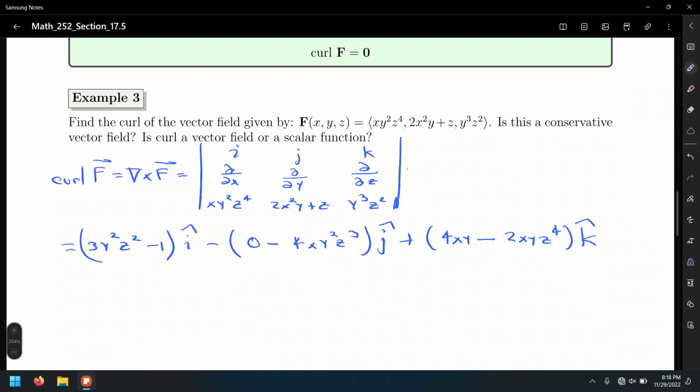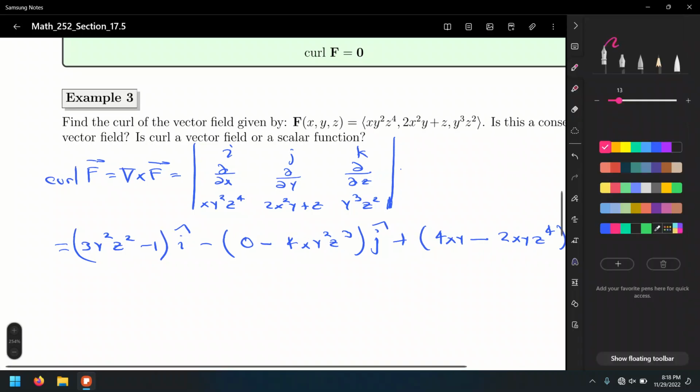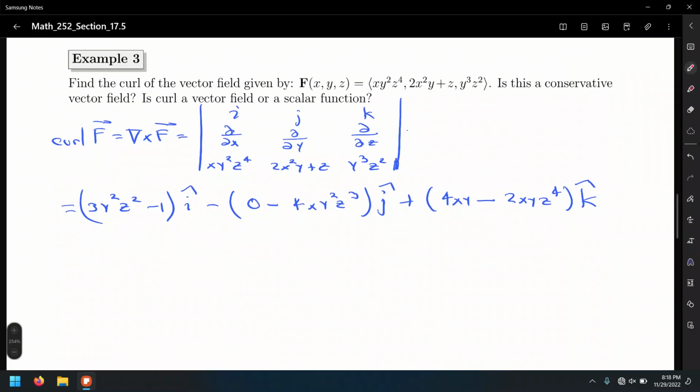Yes? Can you highlight what the H is? Yes, I'm going to do that. So this is h with respect to y. This is g with respect to z. And this is h with respect to x. And this whole thing is going to be f with respect to z, and g with respect to x.